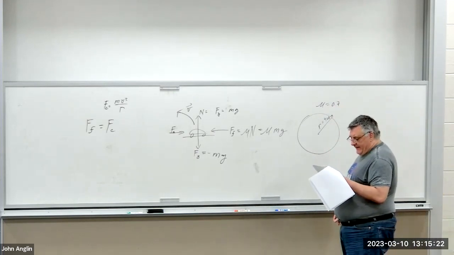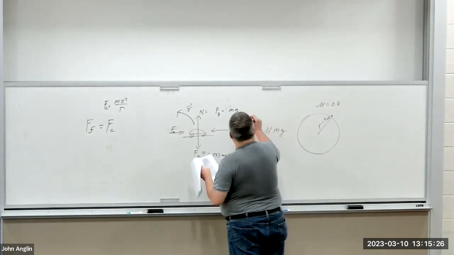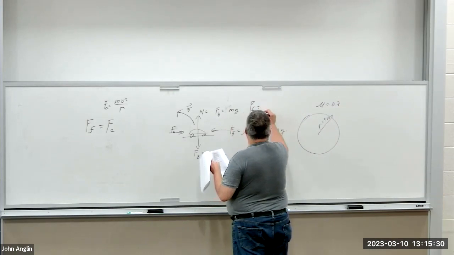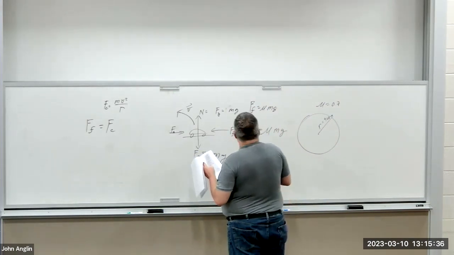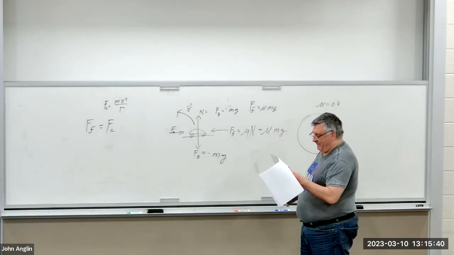We can find that the frictional force then must be mu mg, right? We know the centrifugal force is mv squared over r.